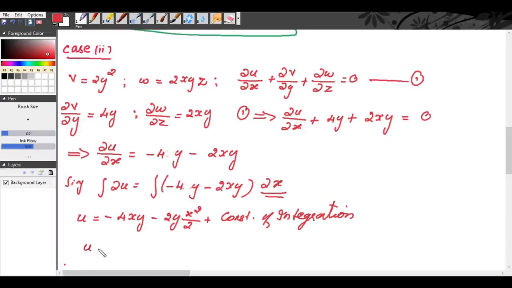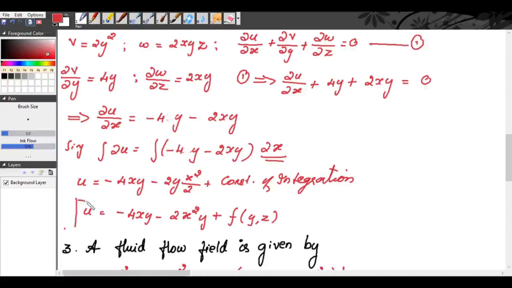So what we get is u is equal to minus 4xy minus x square y plus a constant of integration, which is a function of y and z. So it is f of y comma z. So this is our required answer.